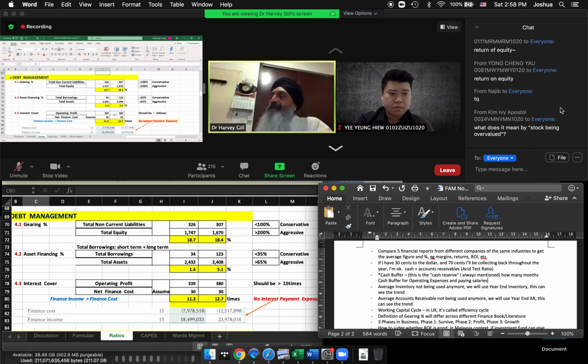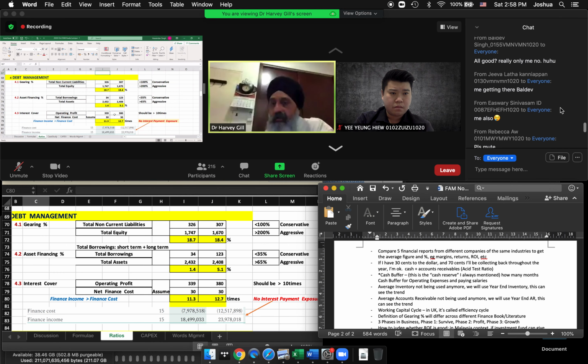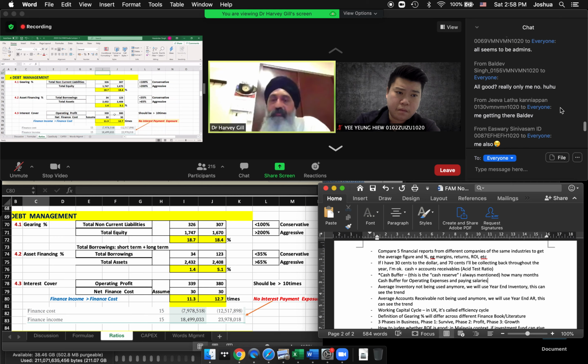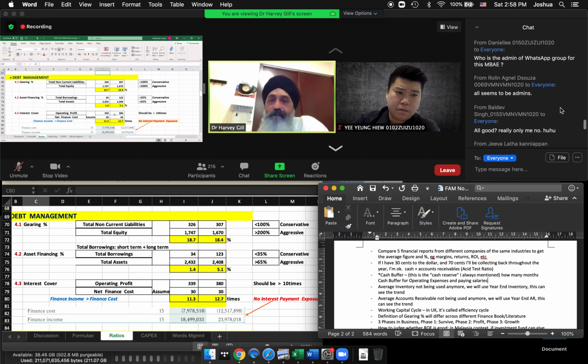Let us say, for every $100 that we owe in short-term current liabilities, we must have at least $30 cash in hand. That is what good treasury management practice is. 30% cash for every dollar that we owe short-term. That's a general guide. Different industries will have different requirements.